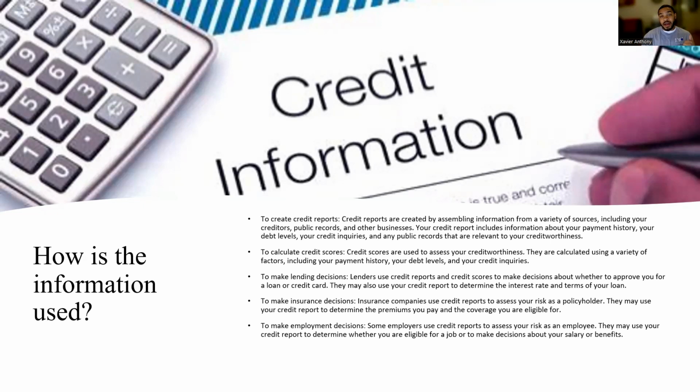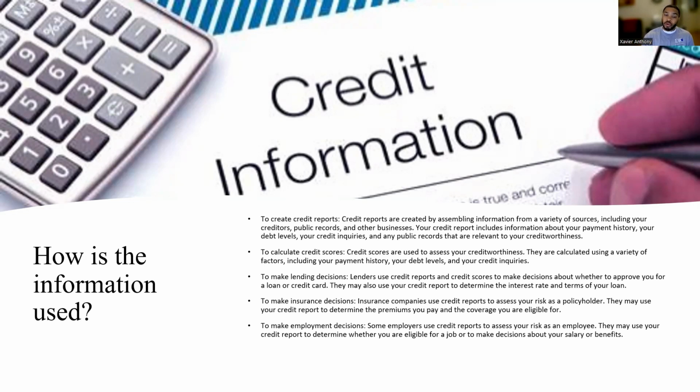In the last slide, I covered what type of information the major 3 CRAs collect. Now, I just want to let you all know how this information is used. It's used to create consumer reports and to calculate credit scores. Then it's so lenders can make better lending decisions, so insurers can assess your risk as a policyholder and the premiums that you'll pay and the coverage you're eligible for.